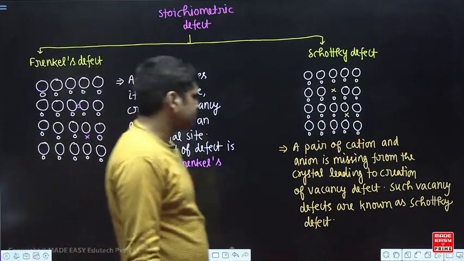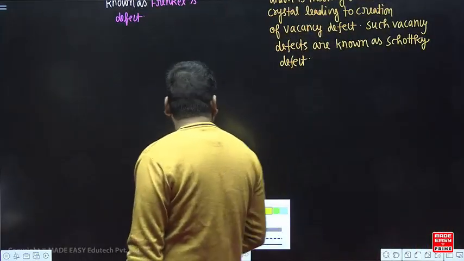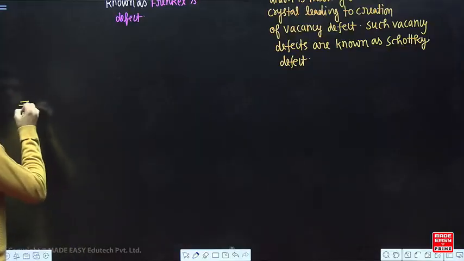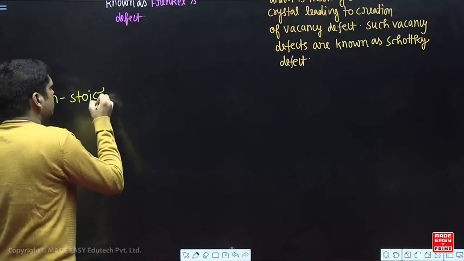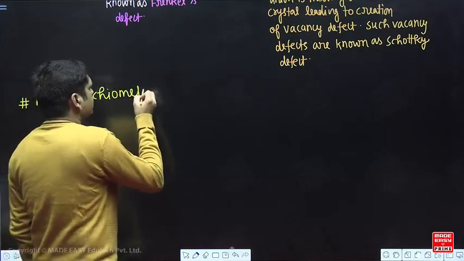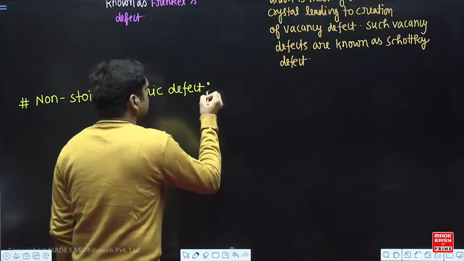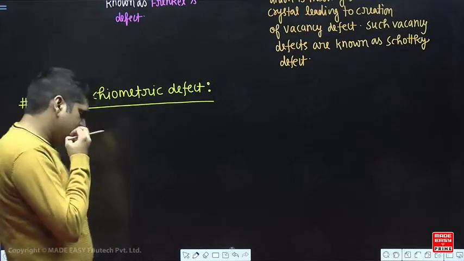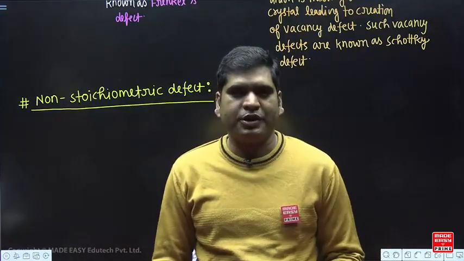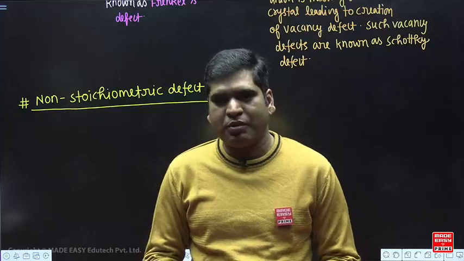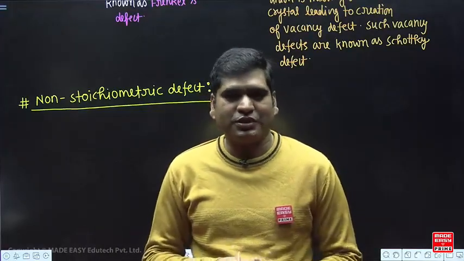Next, non-stoichiometric defect. If a defect is formed such that the ratio of cation and anion is disturbed, it is not maintained as predicted by the chemical formula, then such defects are known as non-stoichiometric defect.